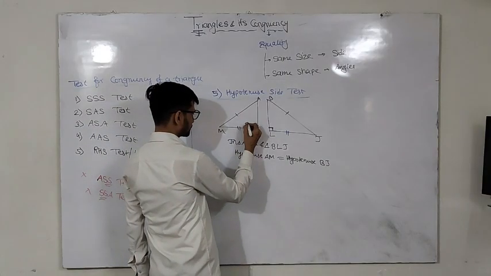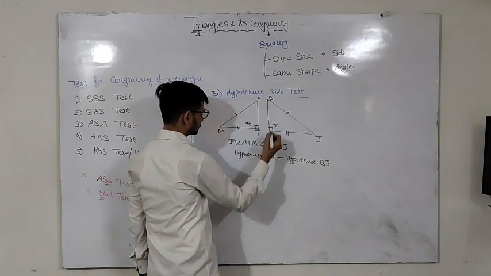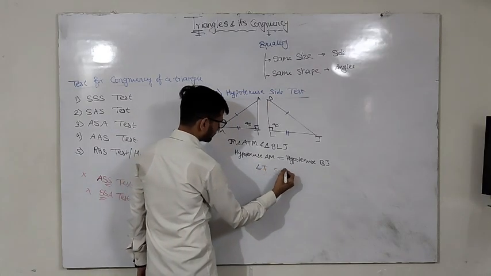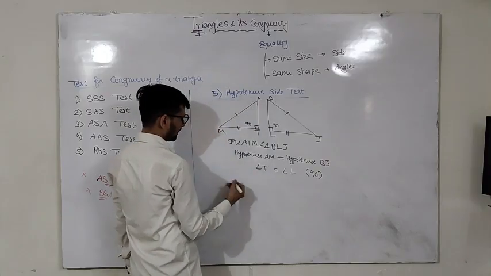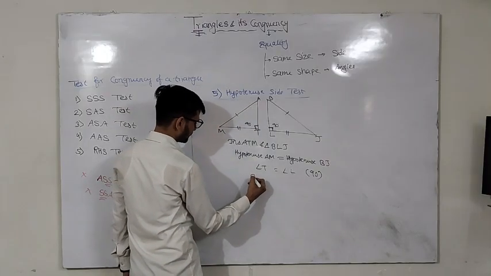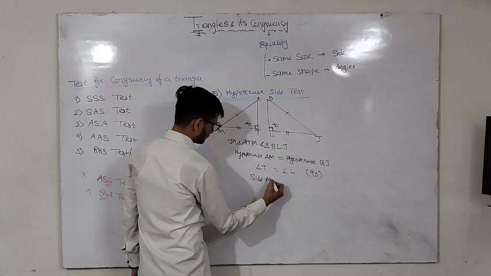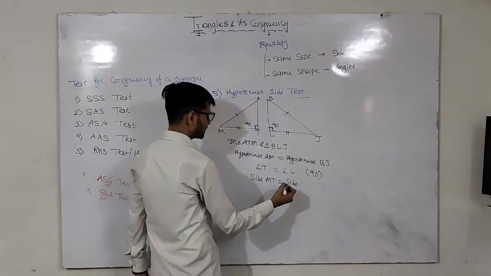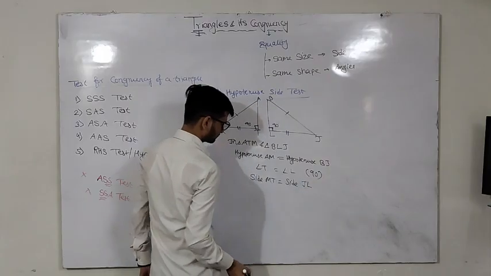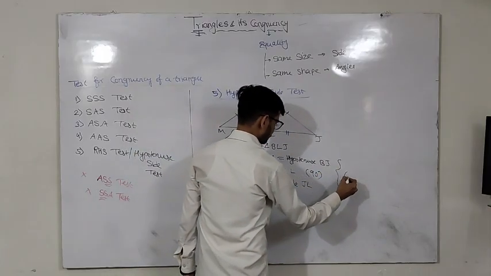Right angles are always 90 degrees. Angle T equal to angle L, 90 degrees, and side MT equals side JL. These are given.